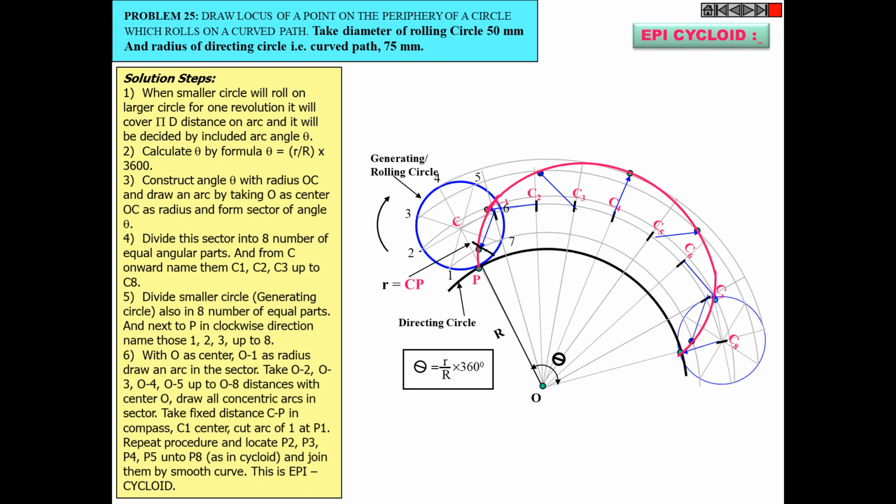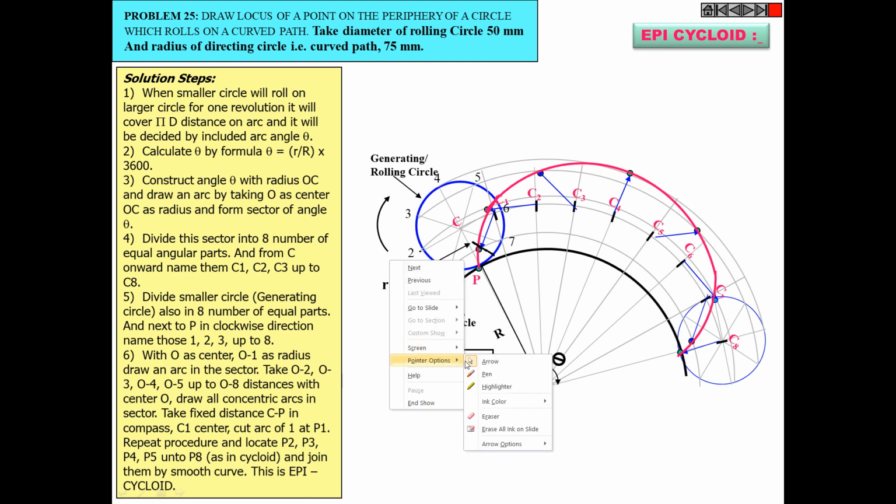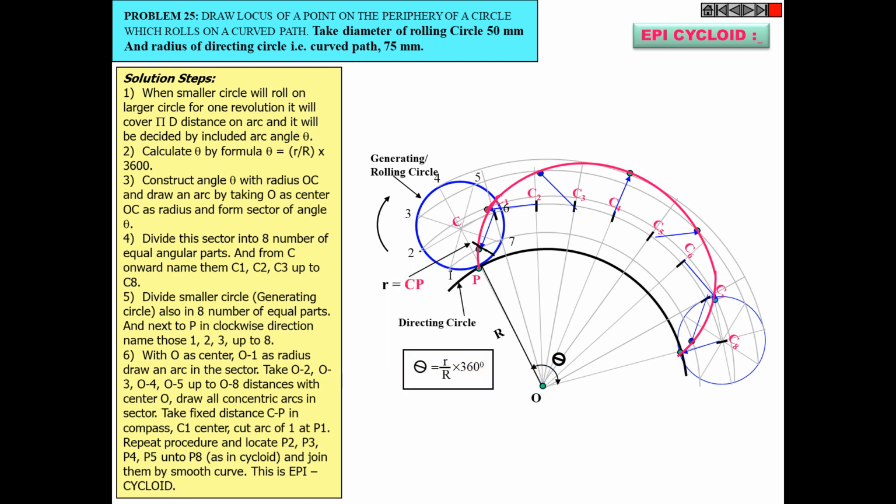No, sir. So the line for C1 and C7 is same? Yes, 1 and 7 are at the same centers. If you take your compass, C1 and C7 is the same arc line.